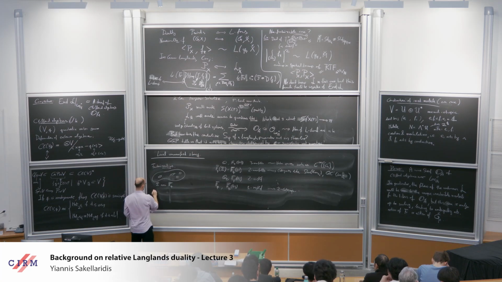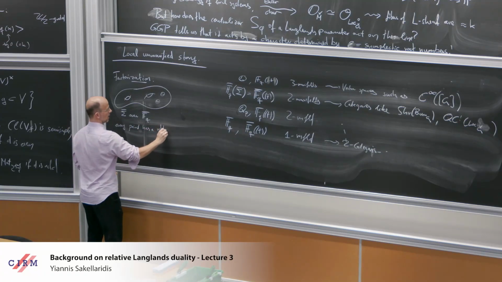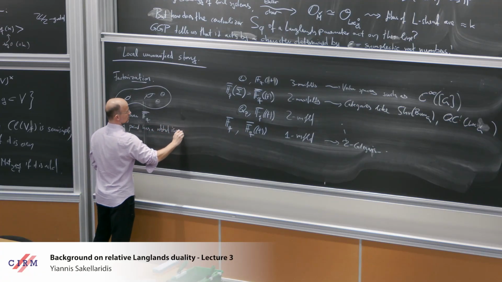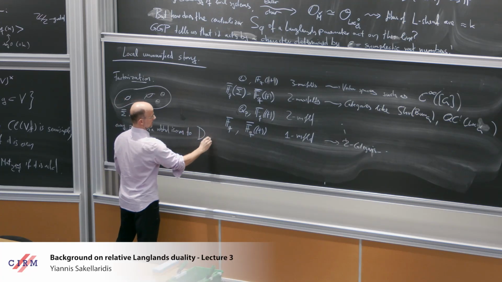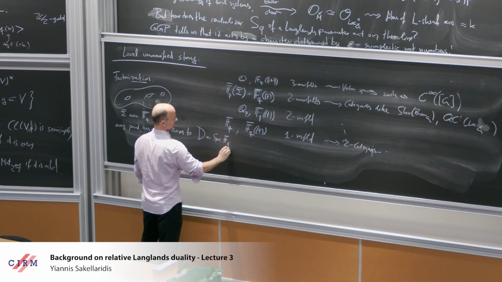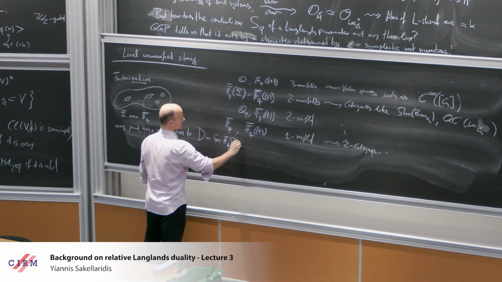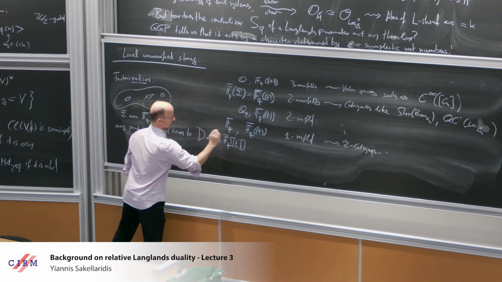So every point has a neighborhood isomorphic to the formal disk, Spec F_q bar double brackets T, a formal neighborhood.